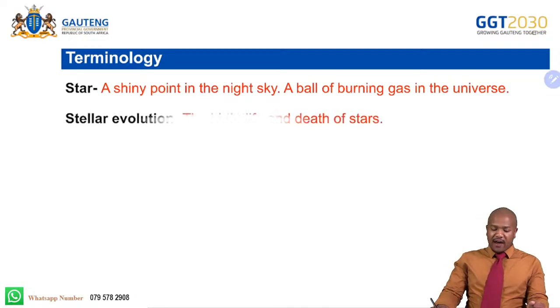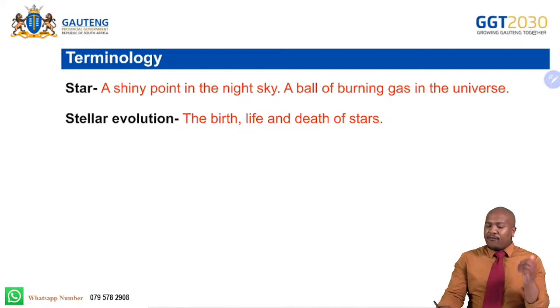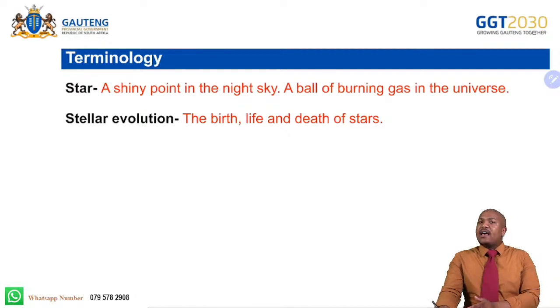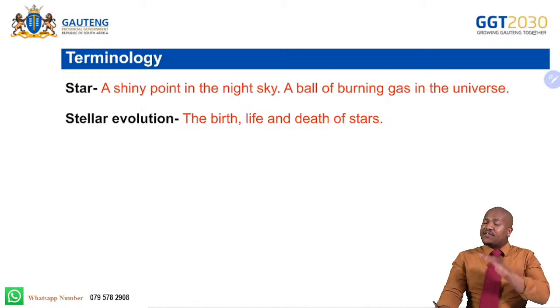The second that we have there is stellar evolution. Stellar evolution is simply the birth, the life, and death of stars. This is the life cycle of stars.